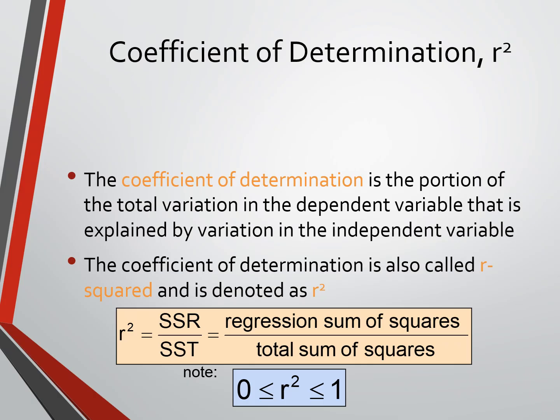So when the r square is, say, 0.95, it indicates that 95 percent of the variation in the dependent variable is based on the variation of the independent variable.